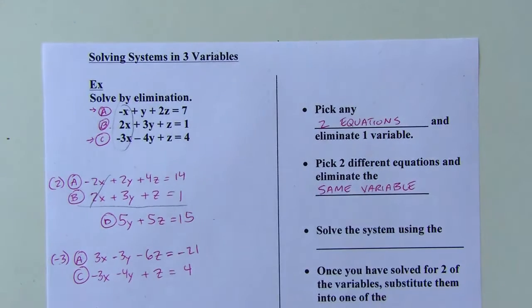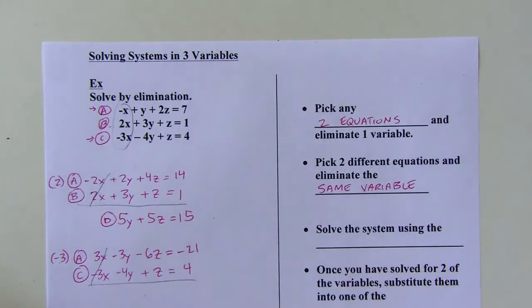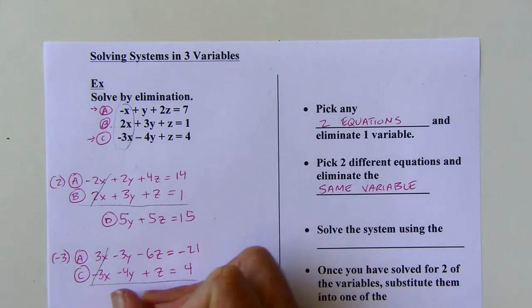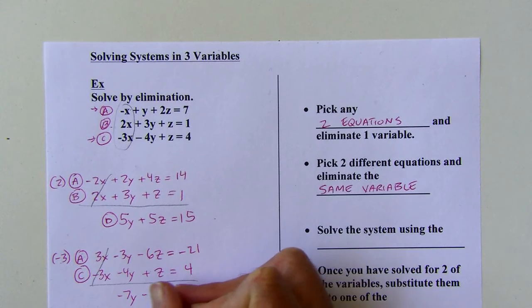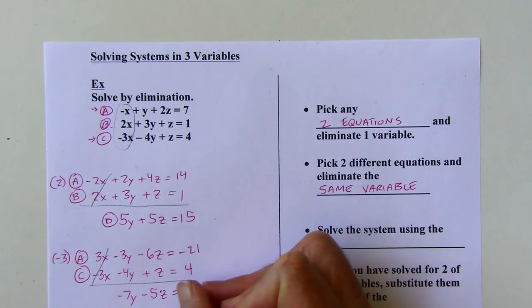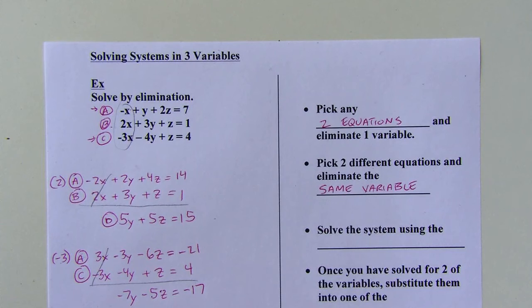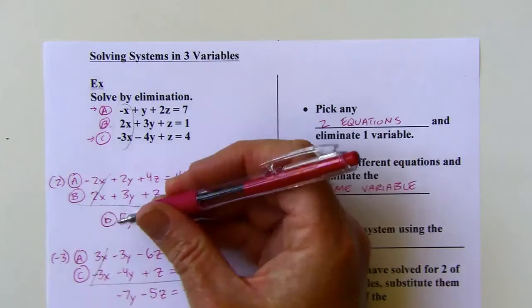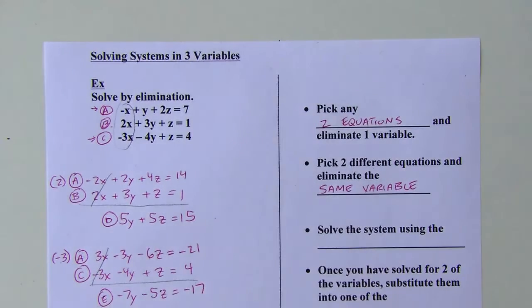Then I'll add these together. Those eliminate again, and I've got -7y minus 5z equals -17. Okay, and I've got yet another beautiful equation here, and I'll call this equation E. I've already used up A through D.